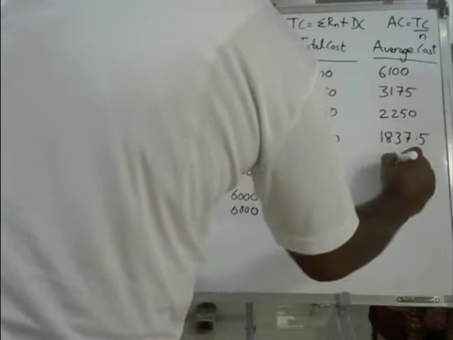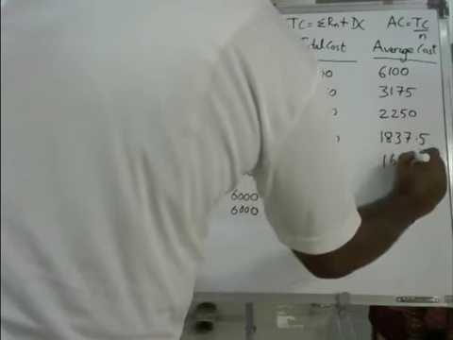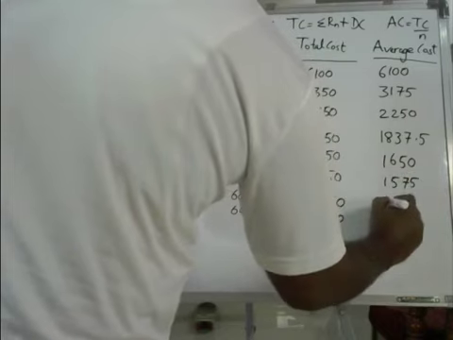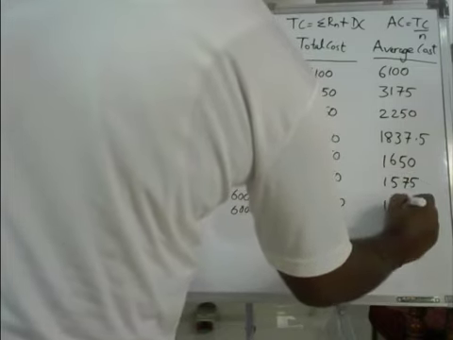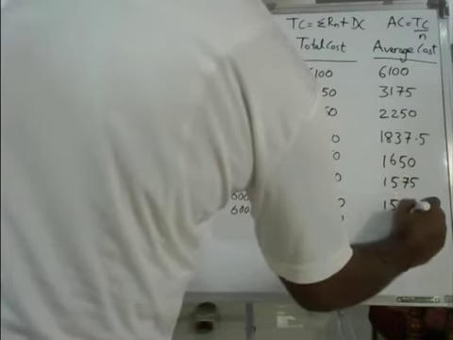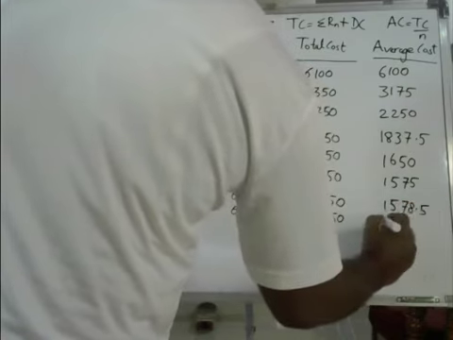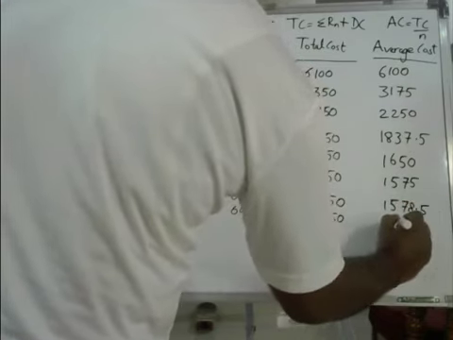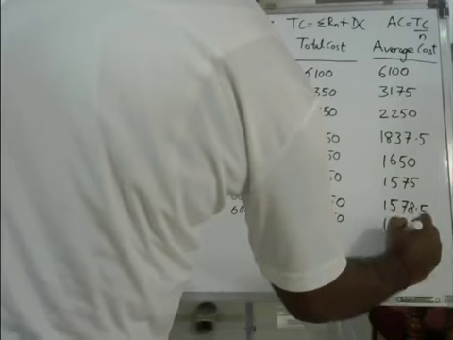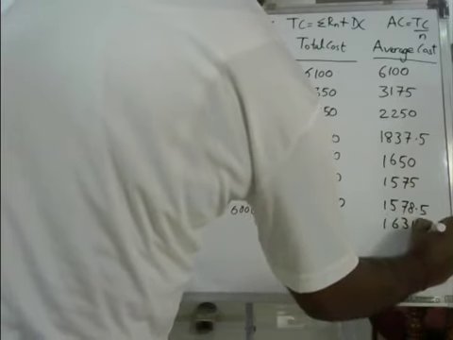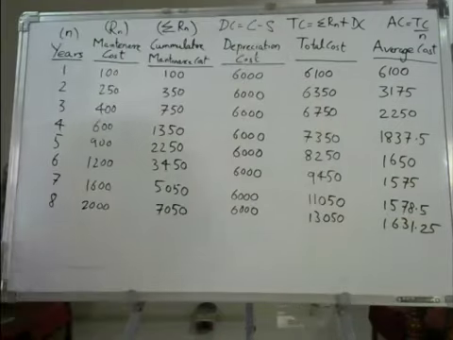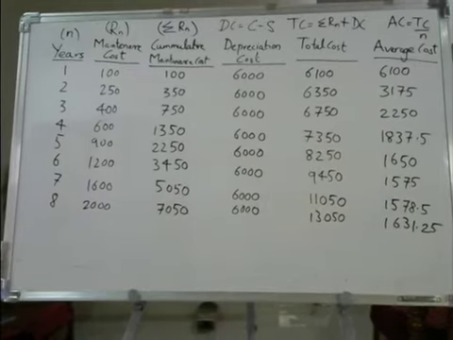And the next year it is 1650. And the next year it is 1575. For the seventh year it is 1578.5. And the last year, 8th year, it is 1631.25 is the average cost.